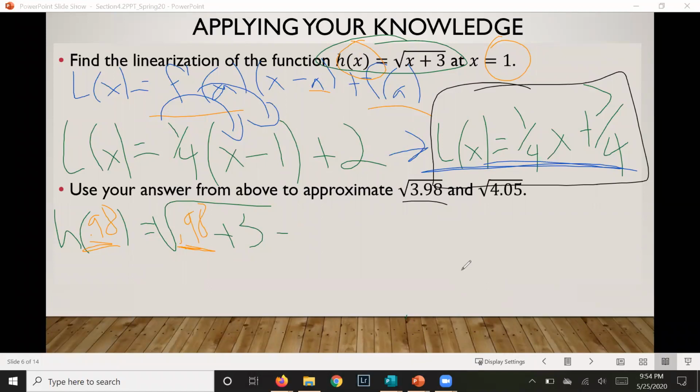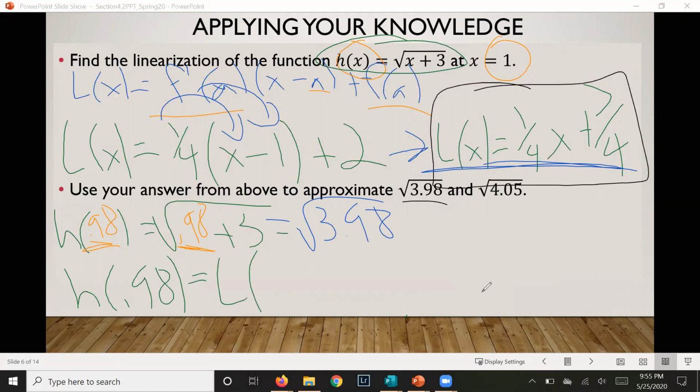Because 0.98 plus 3 gives us 3.98, and then in the function we'll have the square root of 3.98. So we need to approximate h of 0.98, which again we can do by plugging into our linearization there. So do L of 0.98 equals 1/4 times 0.98 plus 7/4.